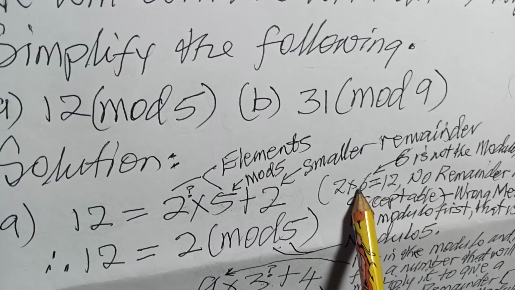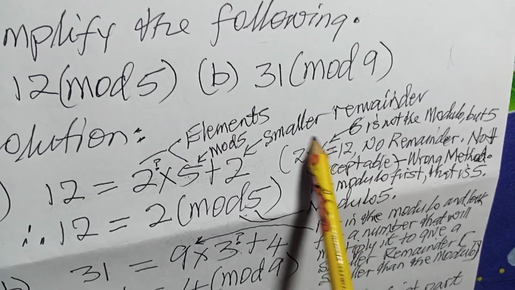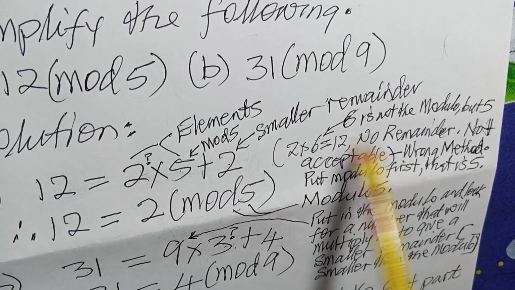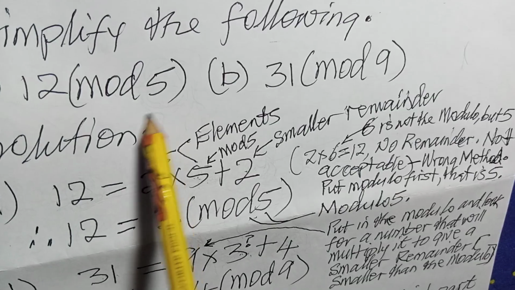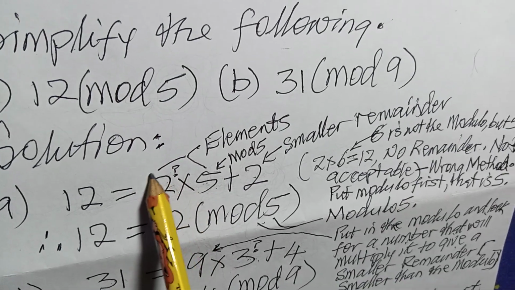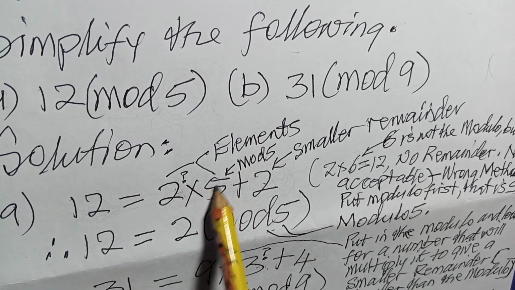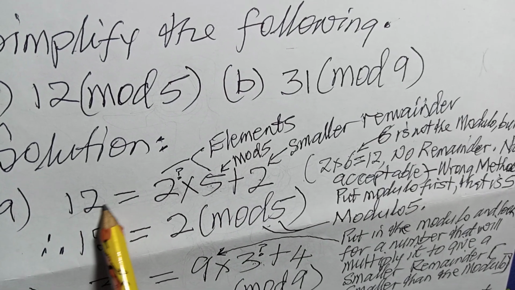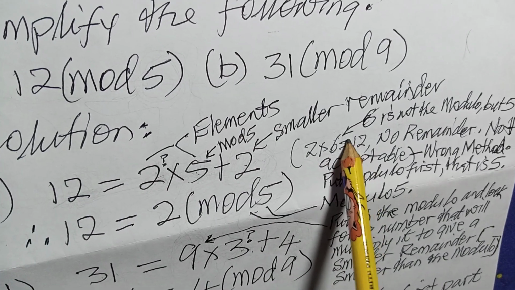We're not going to use this kind of a thing. It's wrong. So if for this one it is 5, and you say 3 times 5, 15, greater than this. 2 times 6, don't do that.